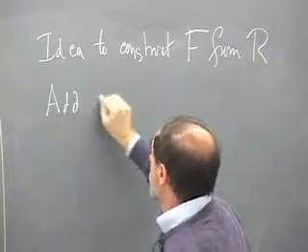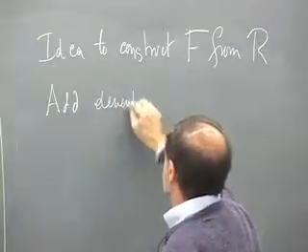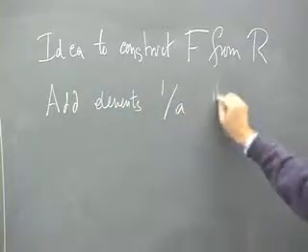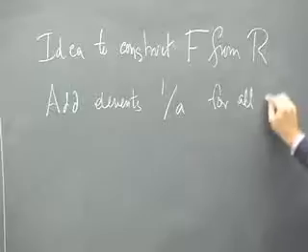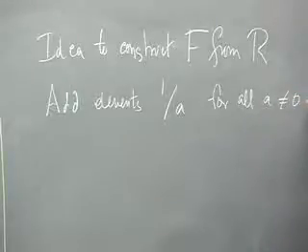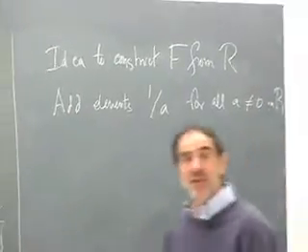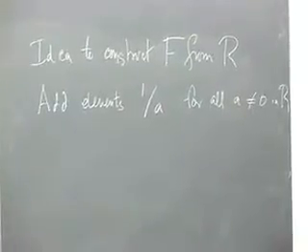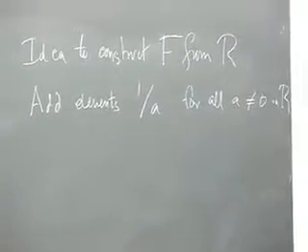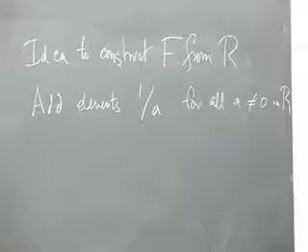Add elements, we'll call them 1 over a, for all a not equal to 0 in R. I mean, if we're going to have a field, then for every element in R, we have to have an inverse, right? I mean, elements in R are going to go to elements in this field. They have to have inverses. So let's try to make it in the minimal way possible.